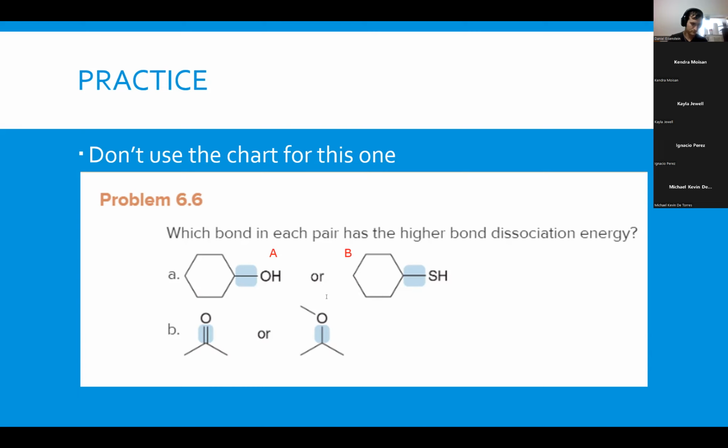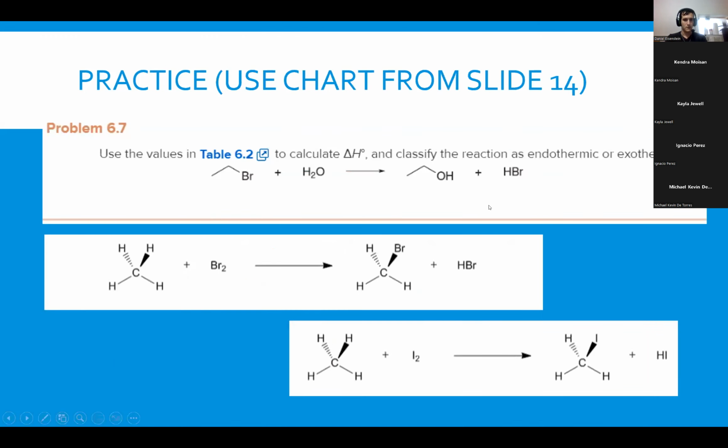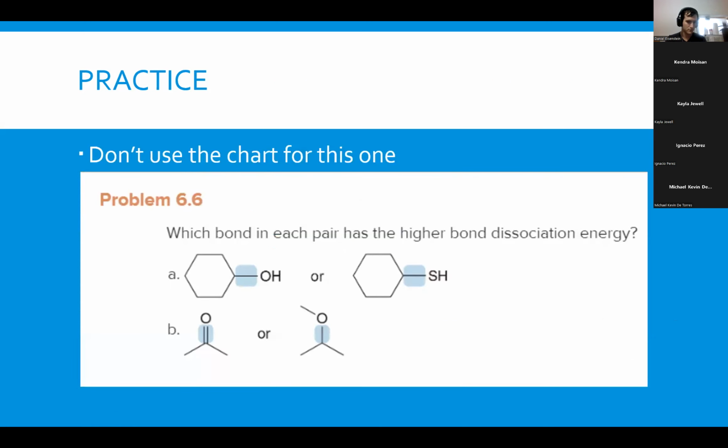All right. B is more unit one, so I don't want to cover it. It's going to be the carbonyl because double bonds are stronger than single bonds. Yes. Oxygen is above, therefore it's smaller. Therefore it has higher bond dissociation energy.